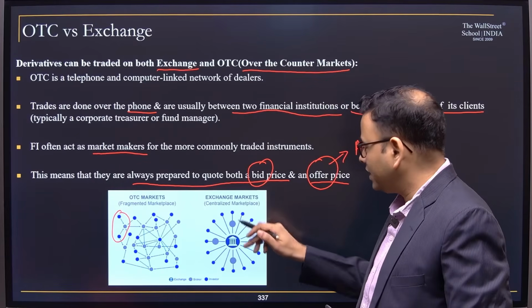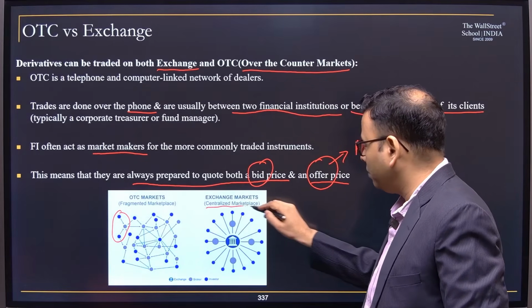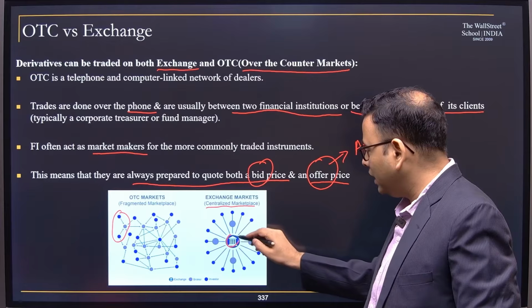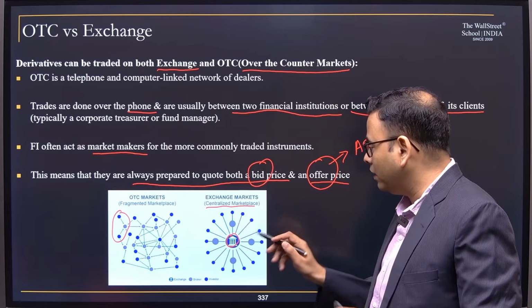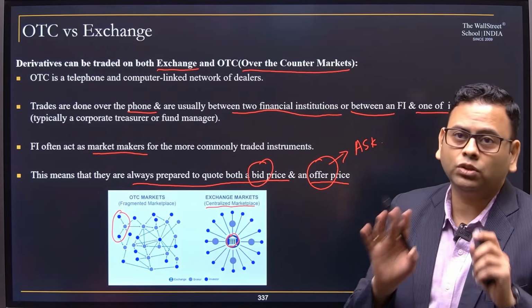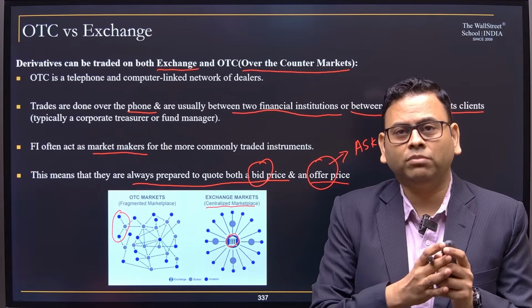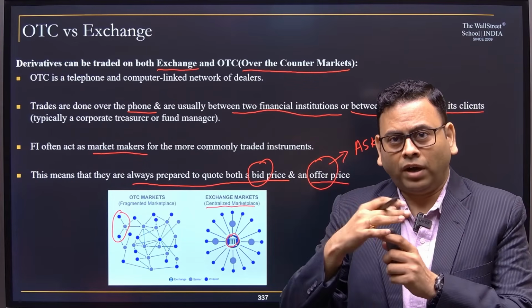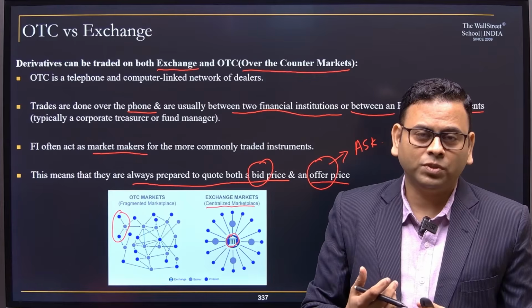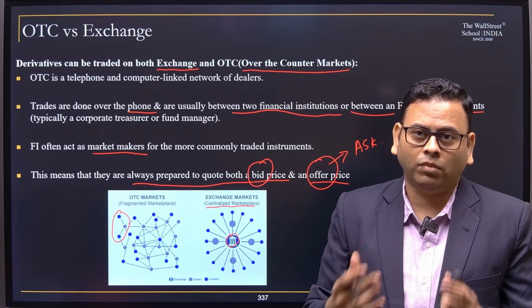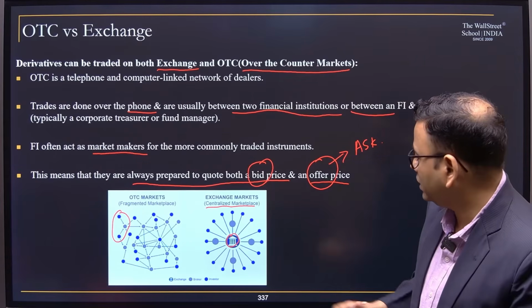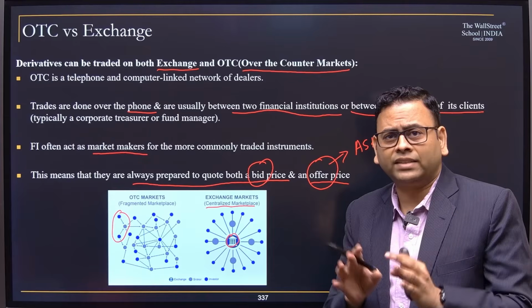In case of exchange, there is a centralized marketplace, which means there is only one exchange and everyone is dealing with that particular exchange only. So in case of OTC market, the marketplace is highly fragmented, which means there are a lot of players who can act as a market maker, but in case of exchange, the exchange is the one which acts as a market maker.